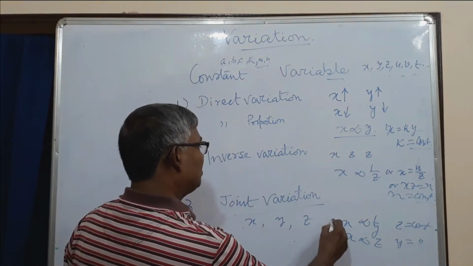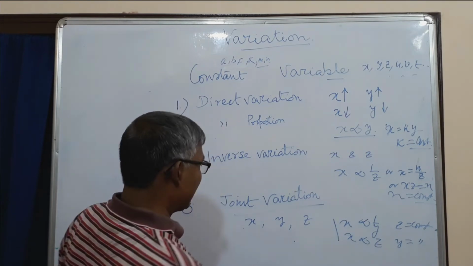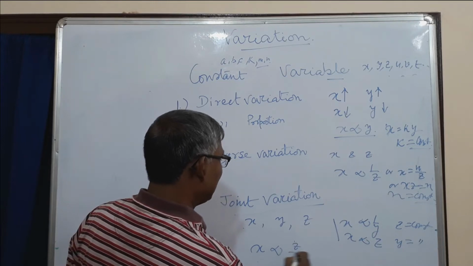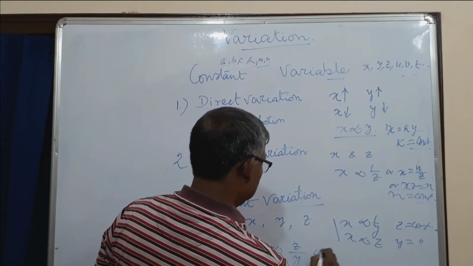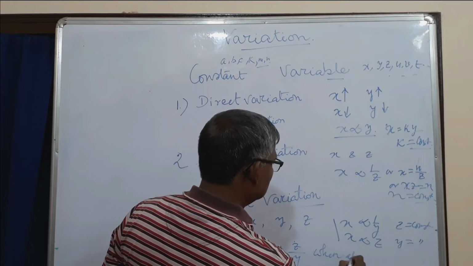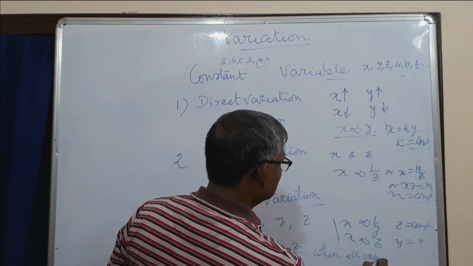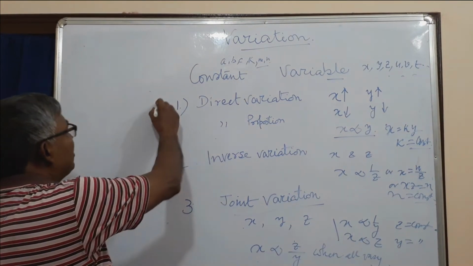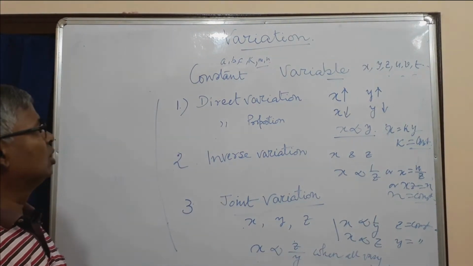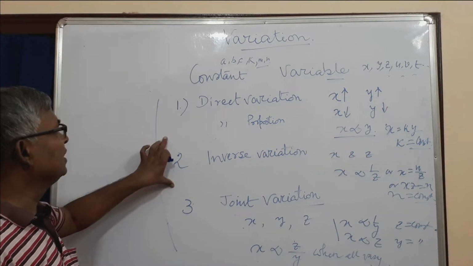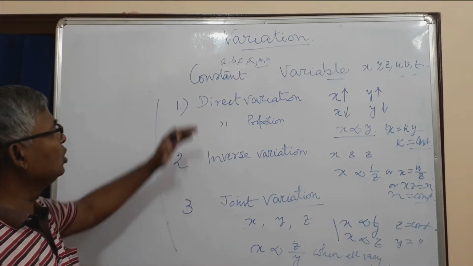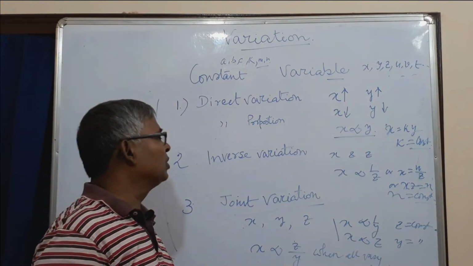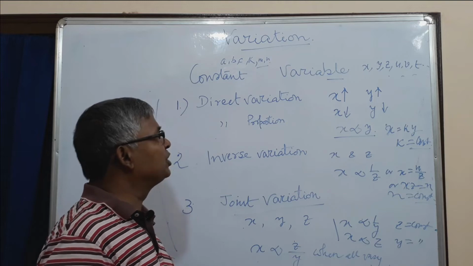Then by the property of joint variation we can write x varies z by y when all vary. Students, all these three properties are very much important for applications in physics. Without these three properties, you cannot solve a single mathematical problem in physics.